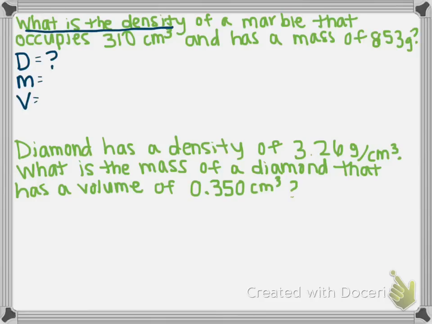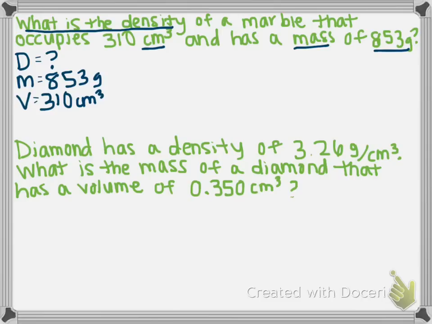So that's what I'm solving for. The marble occupies 310 centimeters cubed, so that unit is telling me that is the volume, 310 centimeters cubed, and has a mass of 853 grams. That is my mass, 853 grams.